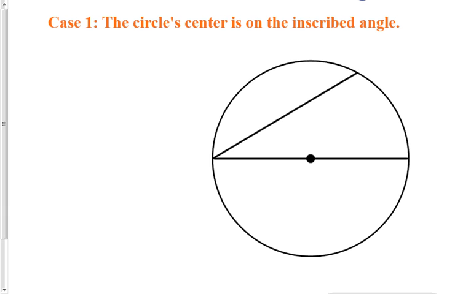All right, we're going to start by brainstorming the argument of this proof. We have an inscribed angle here. Let's call it angle ABC. The measure of angle ABC, we don't know the actual measure, so we'll just call it X. Now we need to prove that X is equal to 1/2 the measure of arc AC.